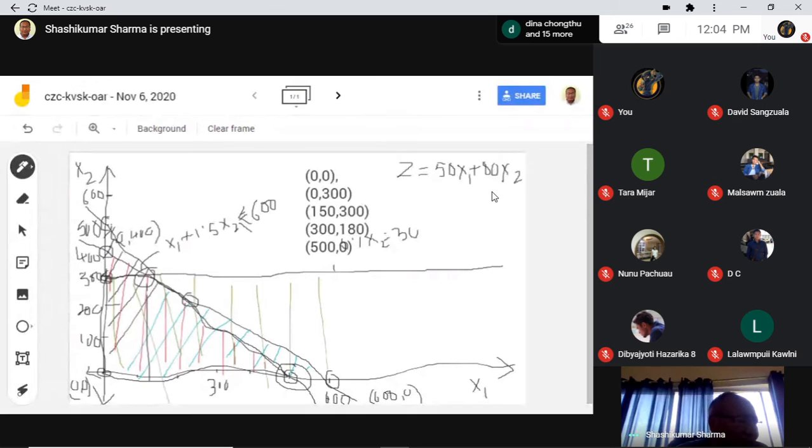So when you put 0, 0, you can find out, 0 into 50 is 0, 0 into 80 is 0, so naturally it will be 0. The second one: the first value is 0, so 0 into 50 is 0, 80 into 300 is 24,000.